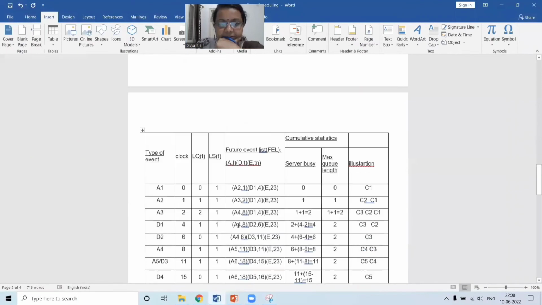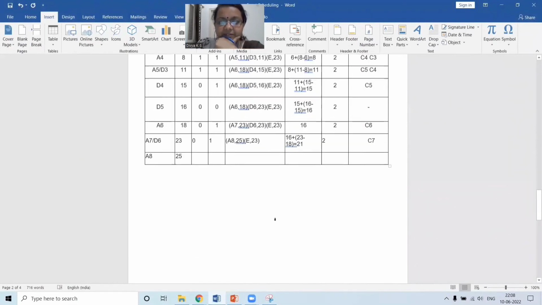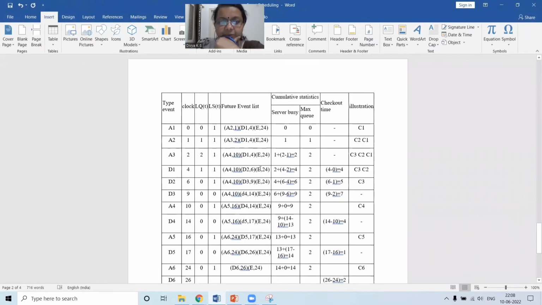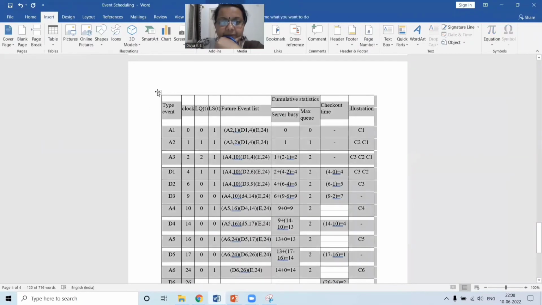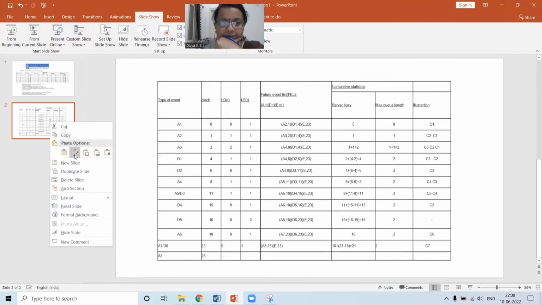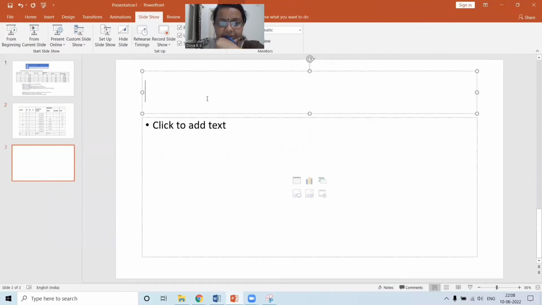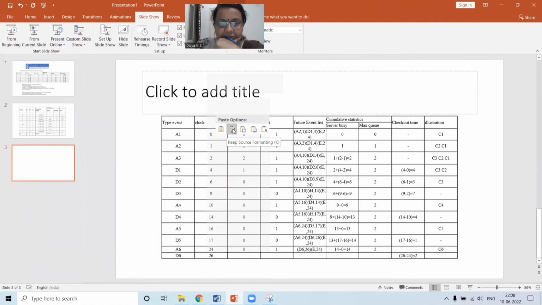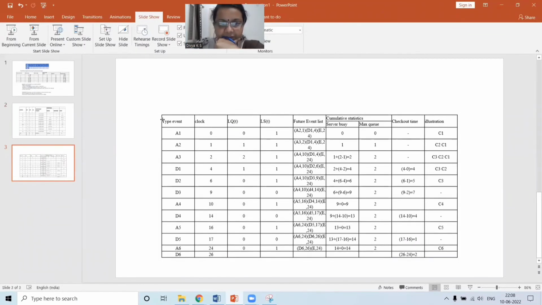This is one more table. This problem I will show you. Our previous problem is not over, but still I am going for that because you must be getting confused there. So I will tell you here also.